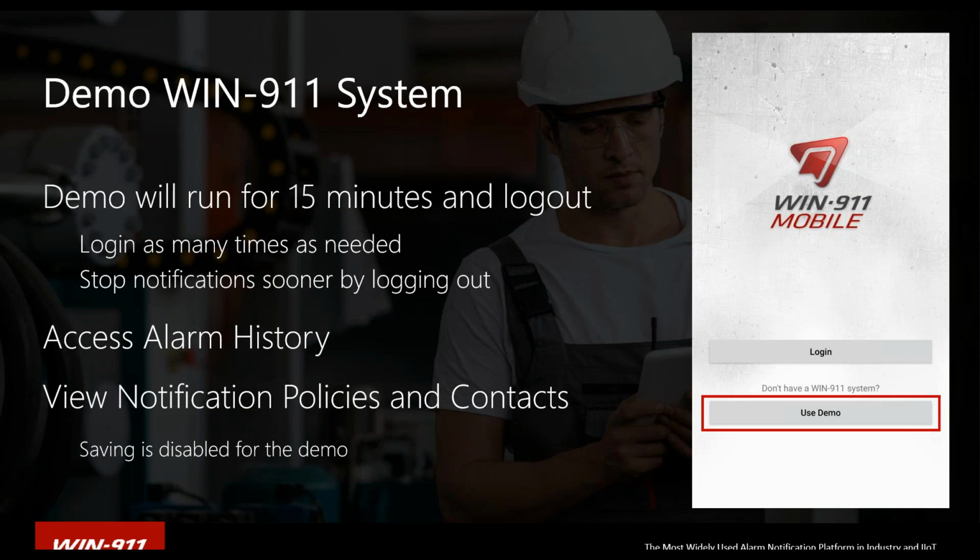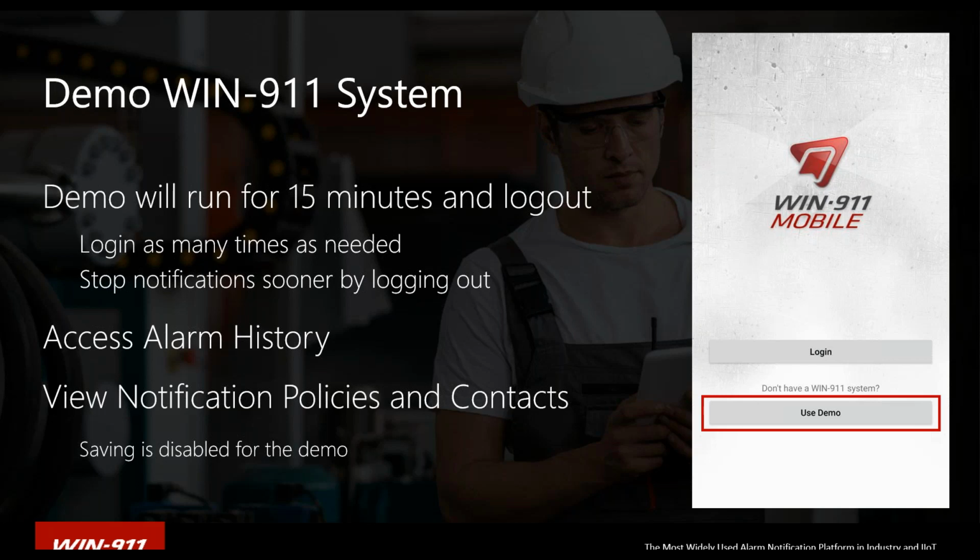In the demo, you'll be able to access the alarm history of the alarms that we're generating up there. I don't think I've got it set to more than just a few days because we trigger so many alarms on there. The database is massive, so we've cut the amount of days that we're storing things down a bit. We've also got the notification policies and contacts up there. You can look at the notification policies, reorder people, but you can't save it.